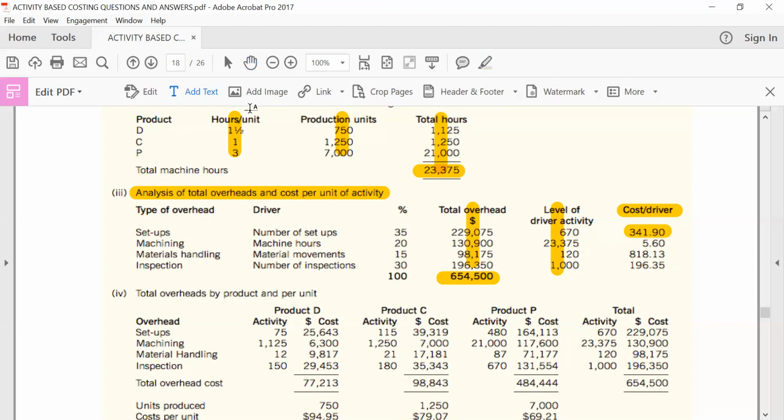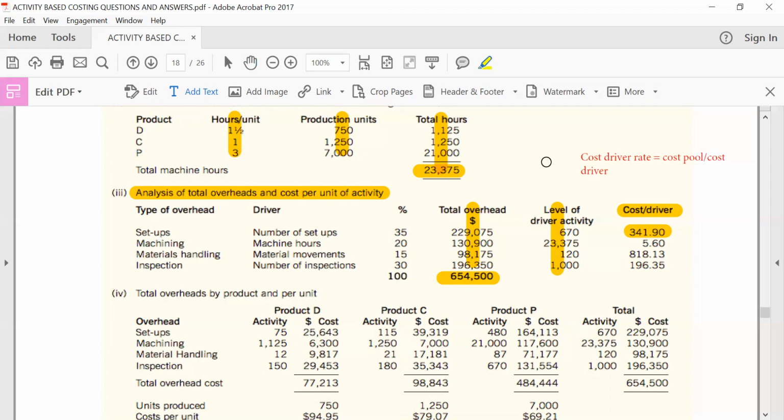How did he get 341.90? So he said that the cost driver rate is equal to the cost pool over the cost driver. That is how to calculate all the cost drivers, right? These values here, that is how to calculate them.